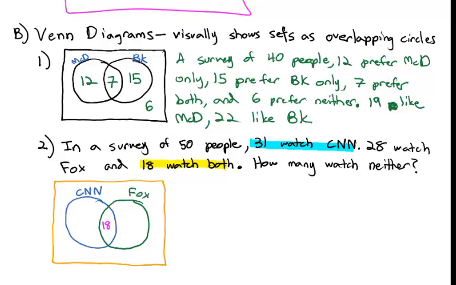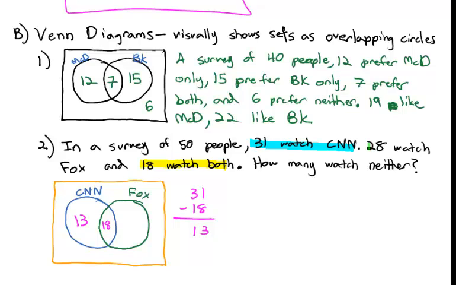So in the CNN bubble, there needs to be 31 people, but we've already accounted for 18 in the center. So if we subtract out the 18, we get 13. That means there are 13 people over here that are just watching CNN.